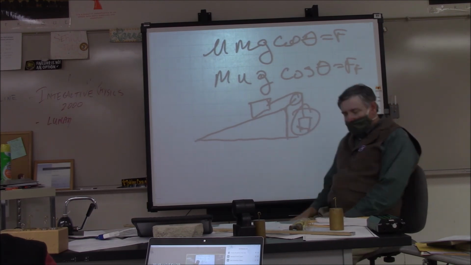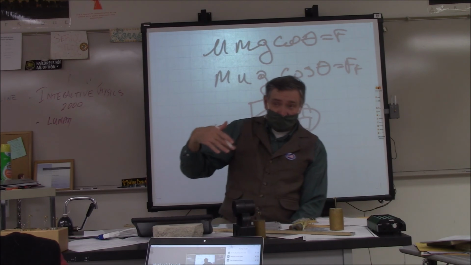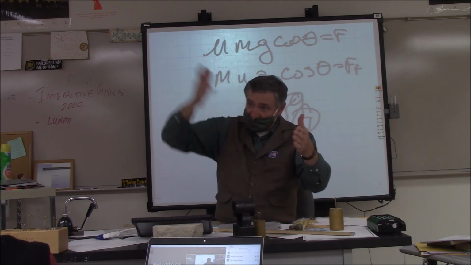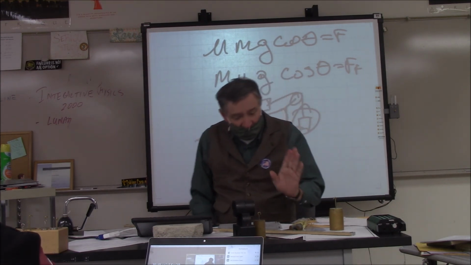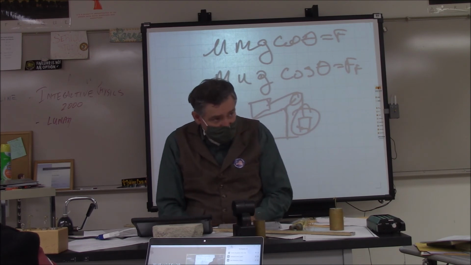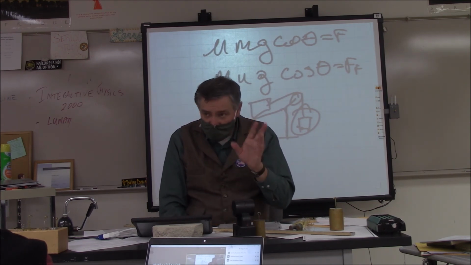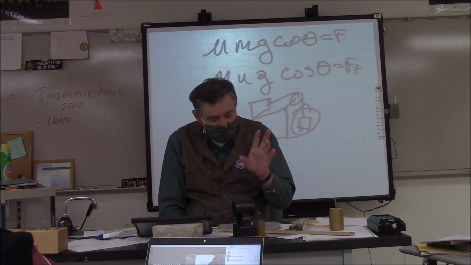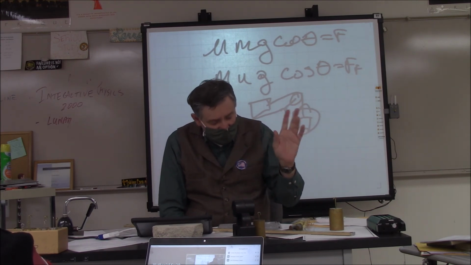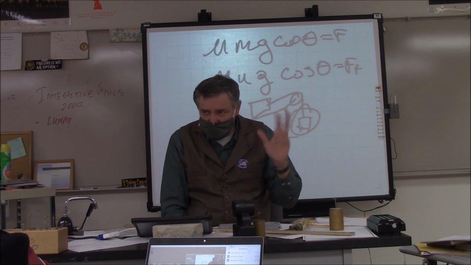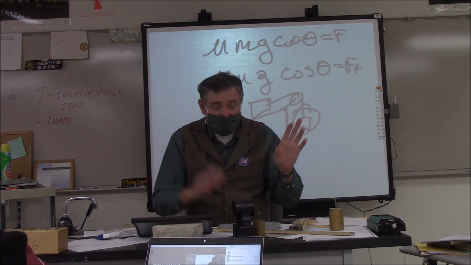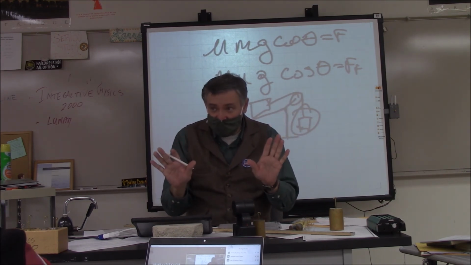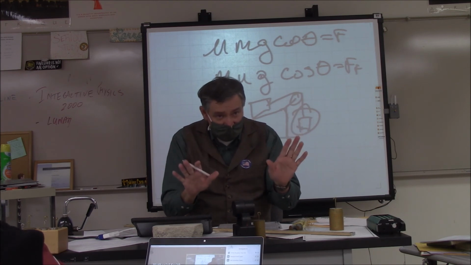And the only difference on number 3 is that it's going down, so the frictional force is acting up. If all goes well, the answer to number 2 should be around 0.4 kilograms, and your answer to number 3 should be around 0.2 kilograms. That's a rough estimate, but it's going to be something close to that.